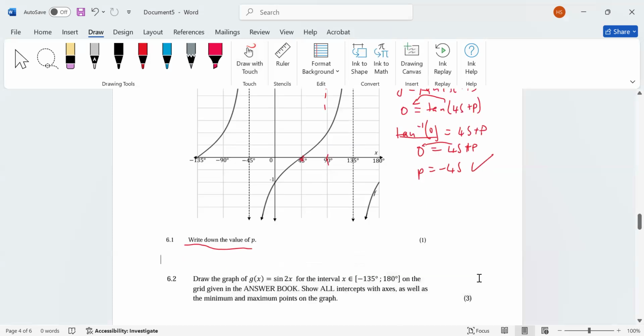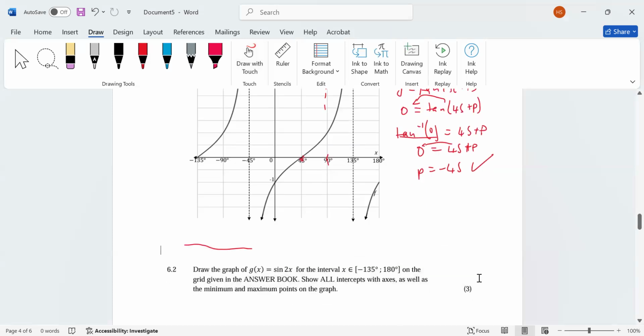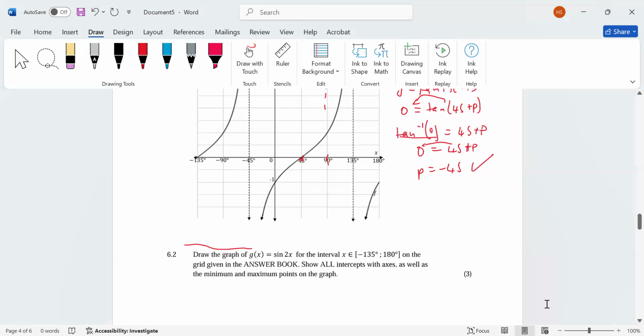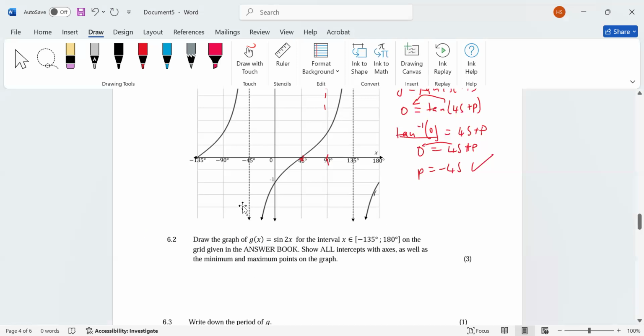We should draw the graph. Okay, so they say draw the graph of sine 2x for the interval, on the grid provided. Calculate.